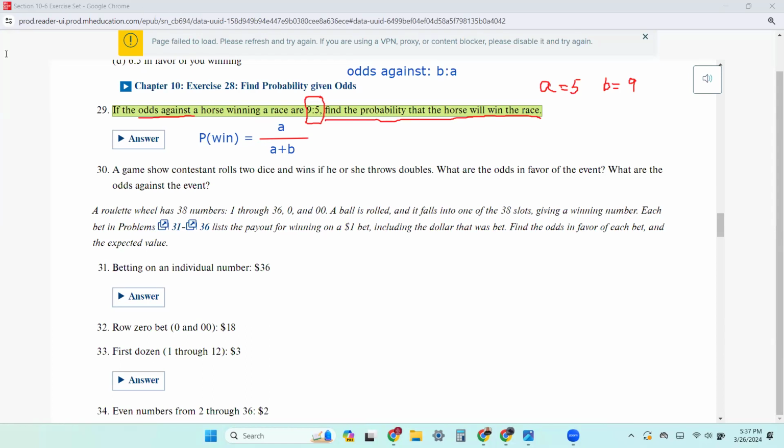But this can be easily put together as, the probability that the horse will win the race is 5 over 14.